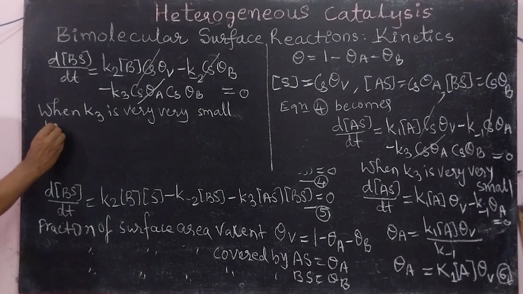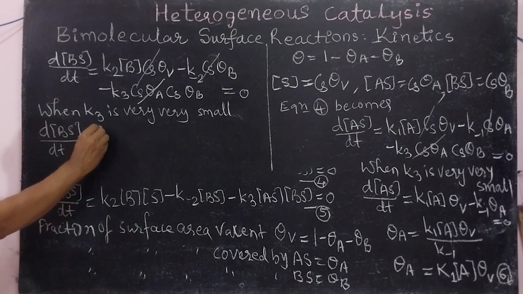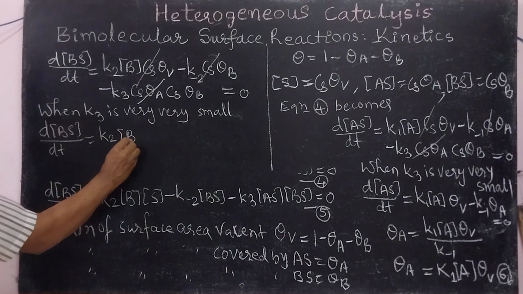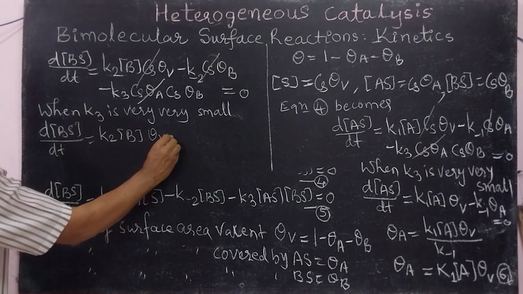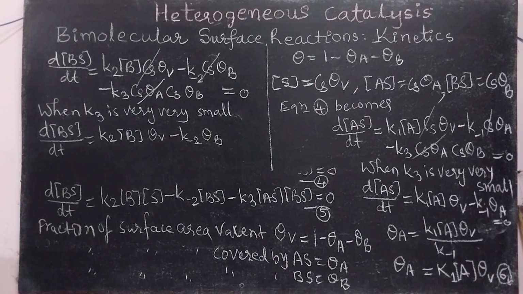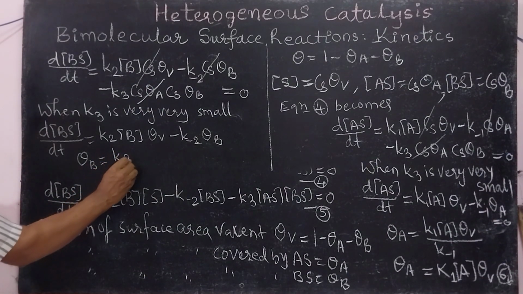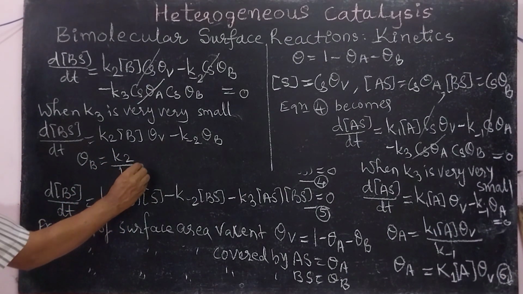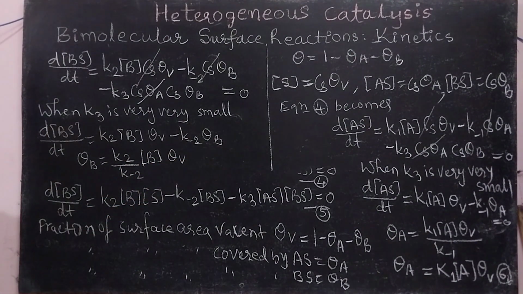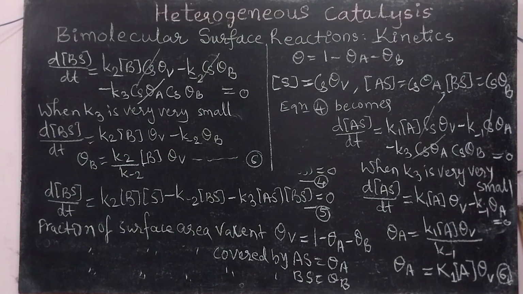Thus we are going to get d bs divided by dt equal to K2 into B into theta V minus K minus 2 theta B. Okay, on rearranging this, we are going to get theta B equal to K2 divided by K minus 2 into B into theta V. Suppose this is equation 6. Okay.